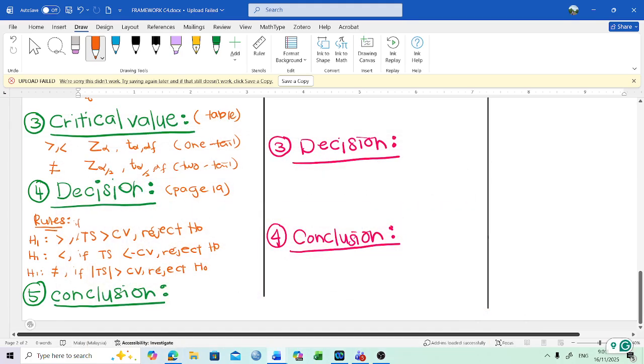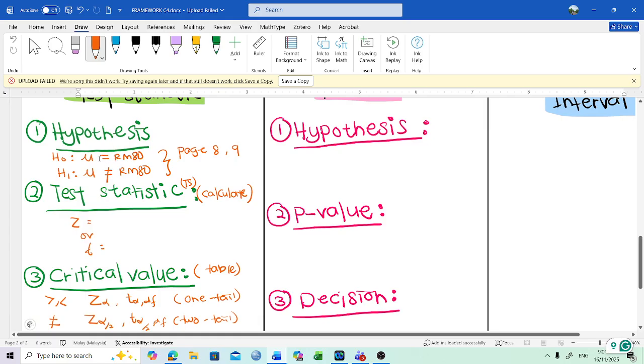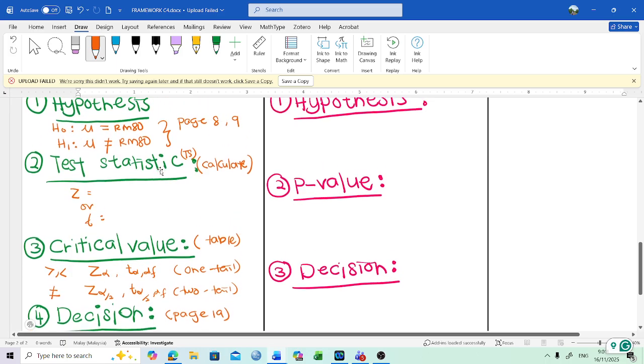And then the last one, you can come up with the conclusion. The conclusion is actually from the decision. Let's say your decision is to reject the null hypothesis. For example, the null hypothesis is the mean equal to 80 ringgit, and the alternative is the mean is unequal to 80 ringgit.